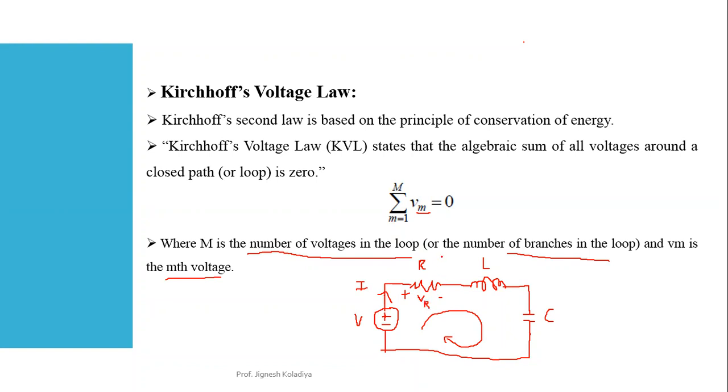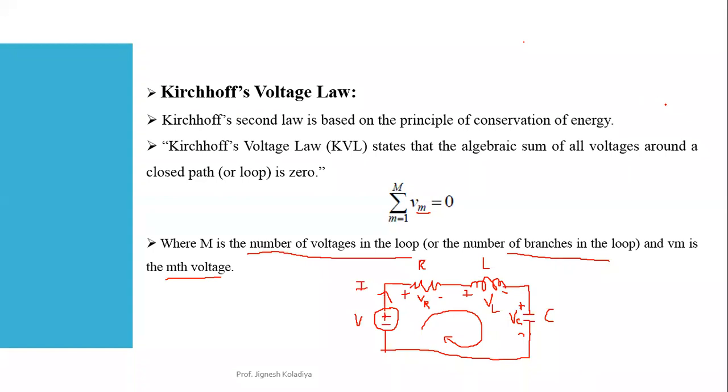The second voltage drop is created across this inductive element, that is VL. And one more voltage drop is there across the capacitive element, that is VC.